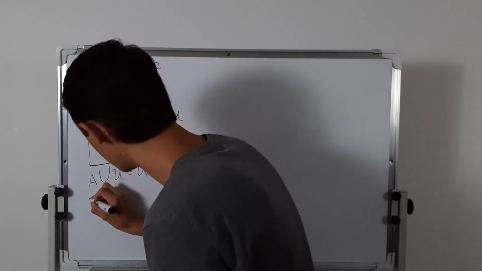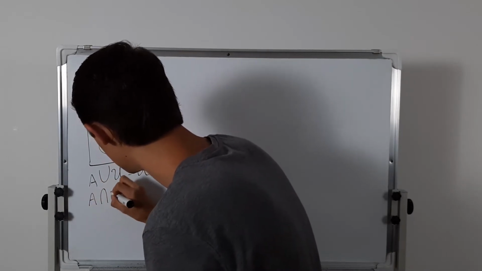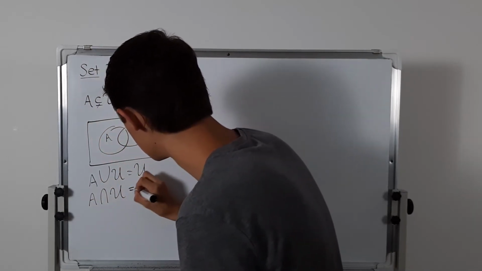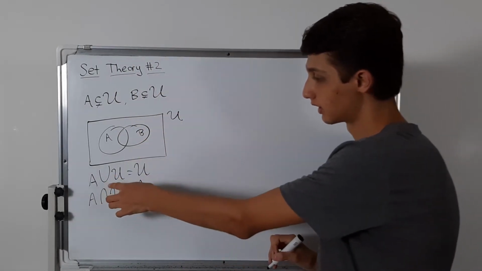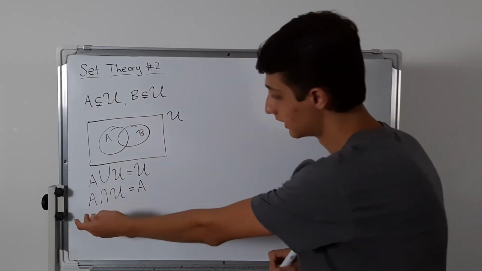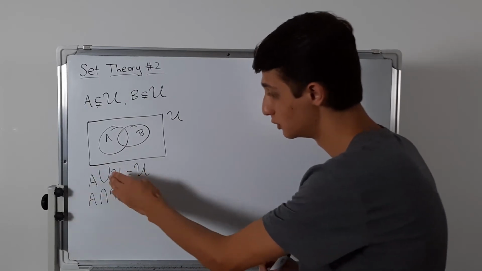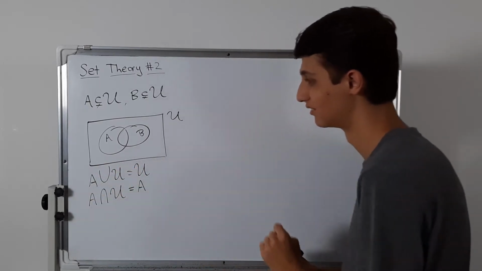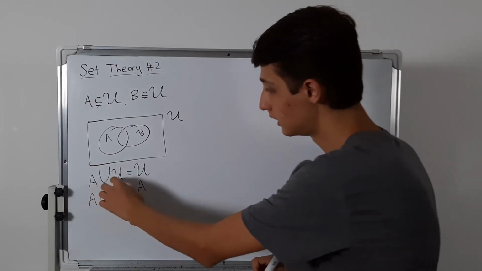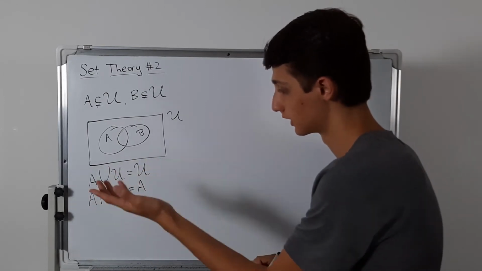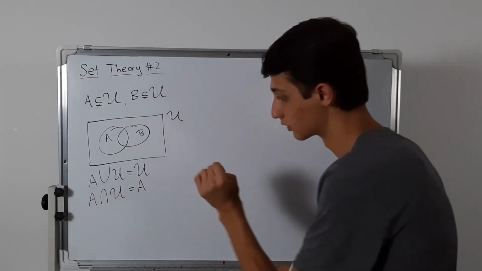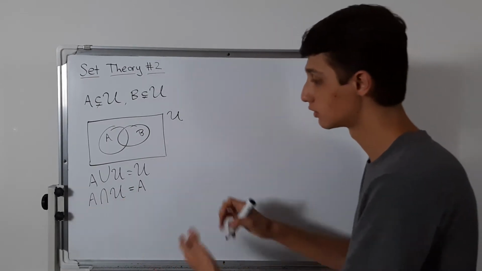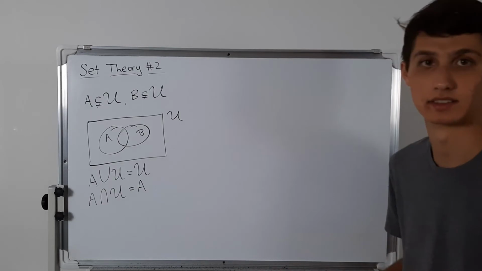The intersection, however, will give us A. And if we take B union the universal set, we also get the universal set back. And if we take B intersect the universal set, we get B back. And so this is generally true for any sets, okay?